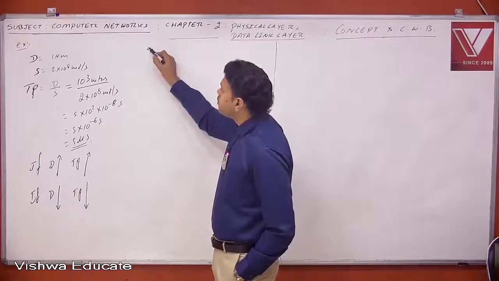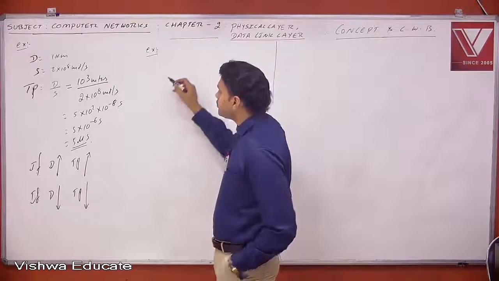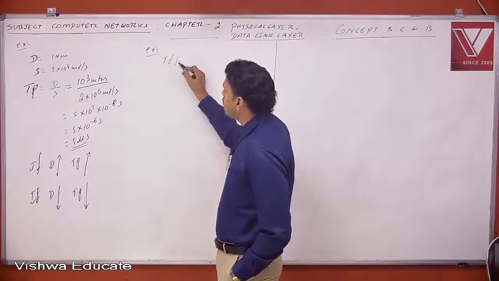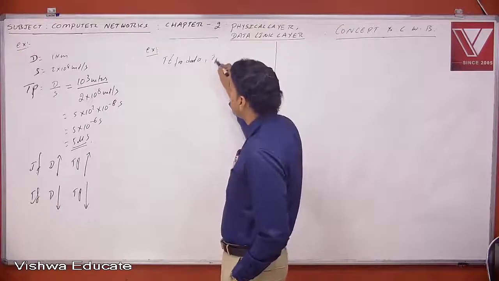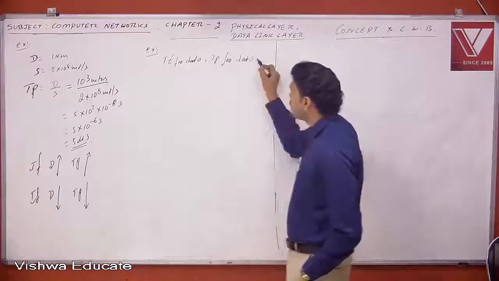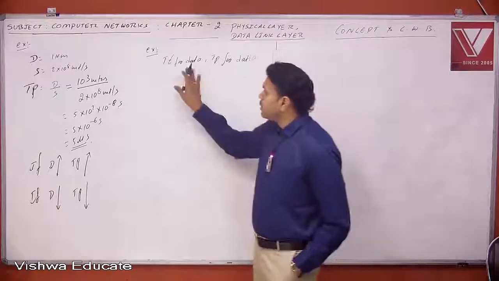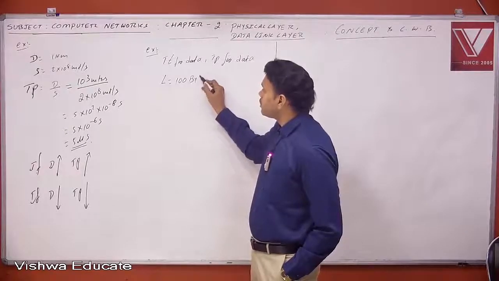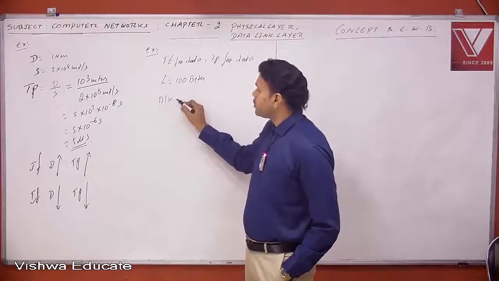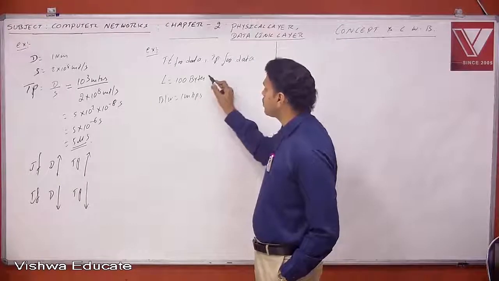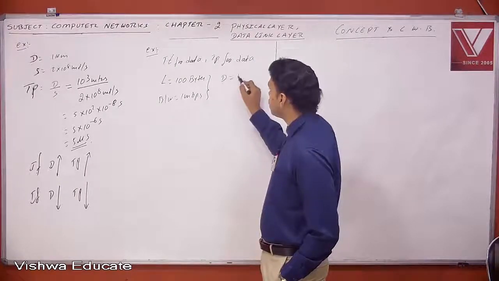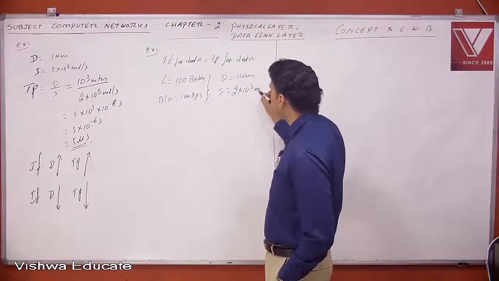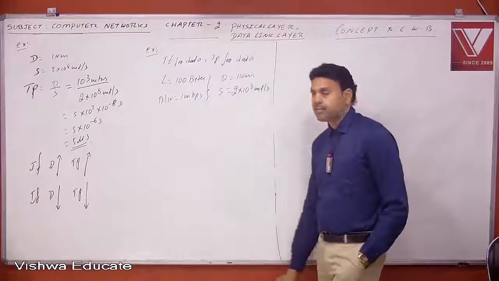And another example is, this time I want to calculate TT for data as well as TP for data. Both I want to calculate. So this requires L value 100 bytes and bandwidth equal to 1 Mbps. This requires distance equal to 1 km, speed equal to 2 into 10 power 8 meters per second.